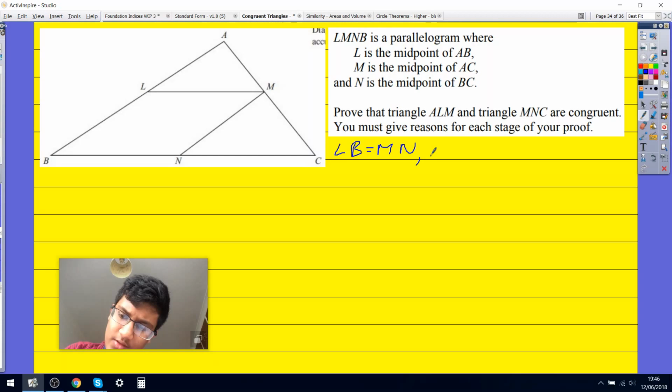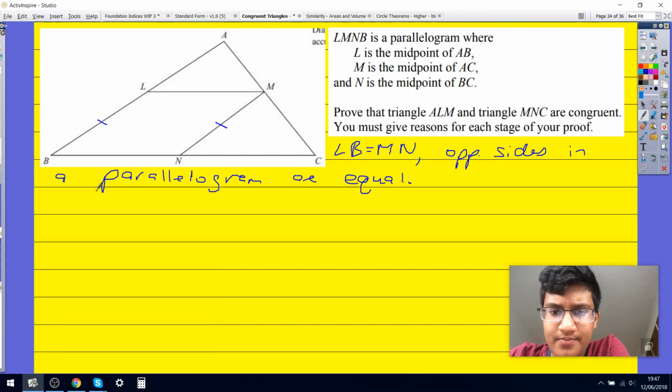What would you do next? So M is the midpoint. So then AM equals MC because it's given there. So M is the midpoint. I'd say the reason is M is the midpoint of AC. So we have one side proven.